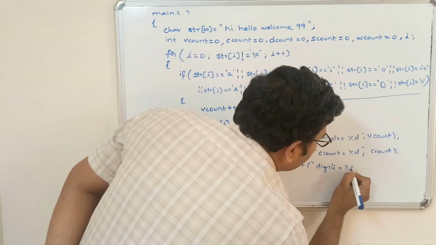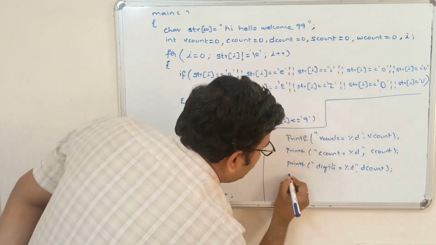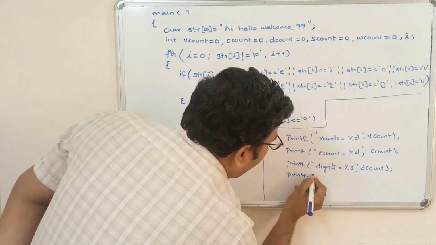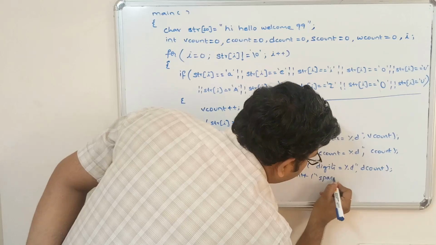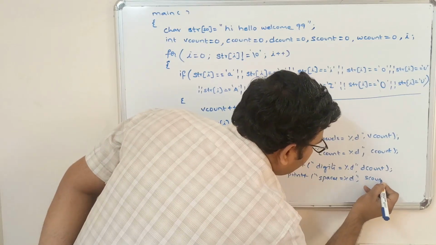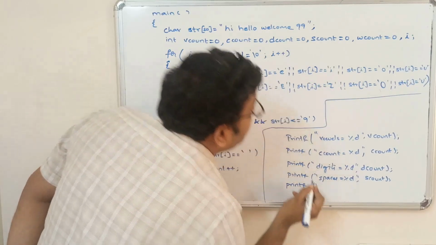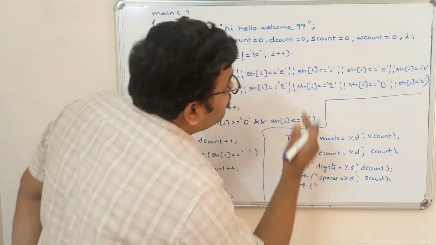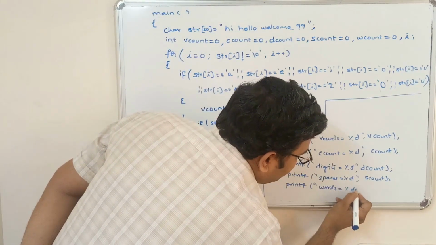Digits is equal to %d, D count. Next, printf, spaces is equal to %d, S count. Printf, word count. Words is equal to %d.